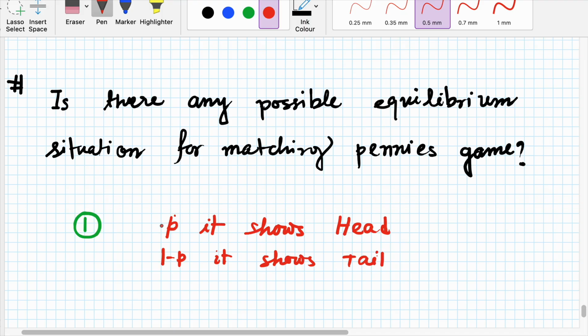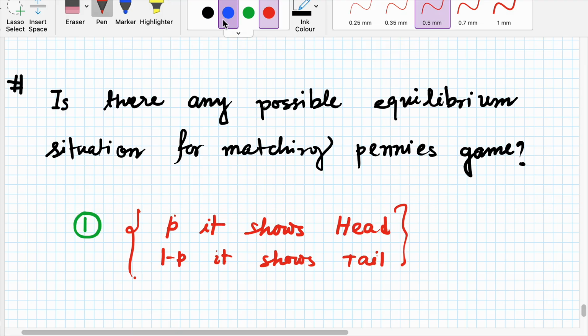Why not adopt this kind of strategy? Now when we adopt this type of strategy, it is no longer a pure strategy, rather it becomes a mixed strategy or stochastic strategy. In the literature of game theory, it is always called a mixed strategy.